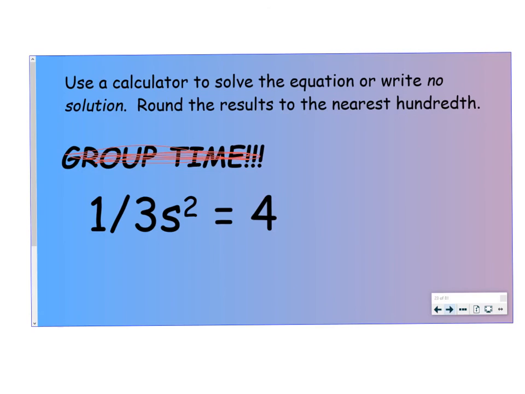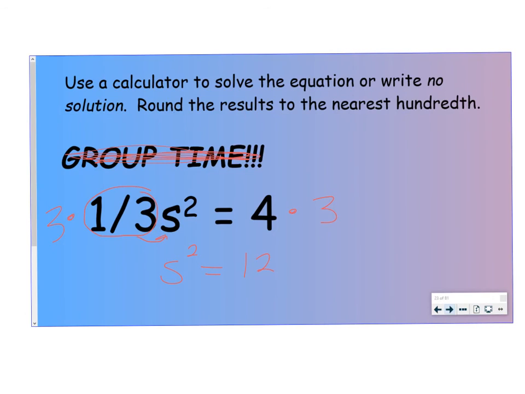So, on this one, we have a fraction. How do we get a fraction away from the variable? Well, we can multiply by the reciprocal. That's often the easiest way to do it. So if you multiplied this by 3, and you multiplied this by 3, 1/3 of 3 is 1. And 1 times s squared would just be s squared.